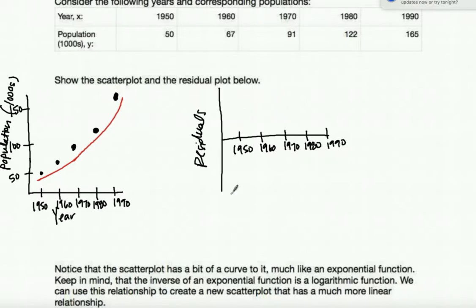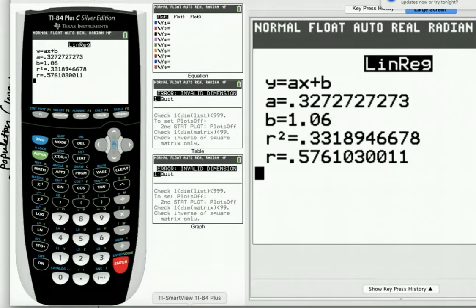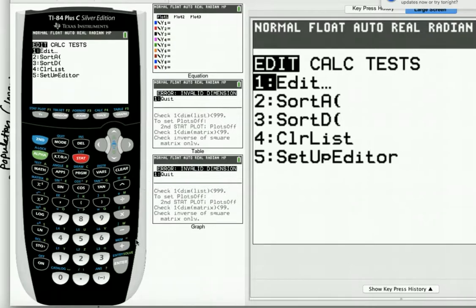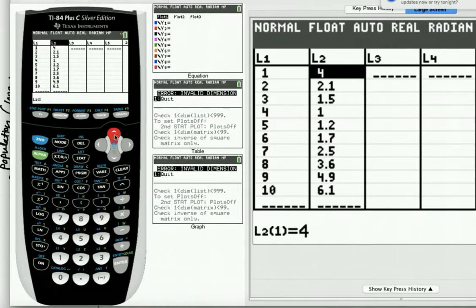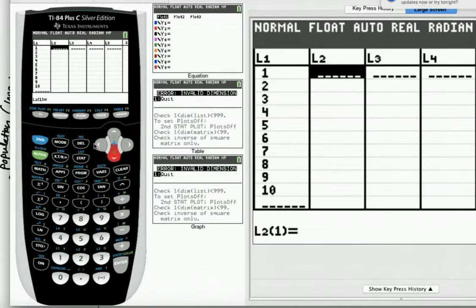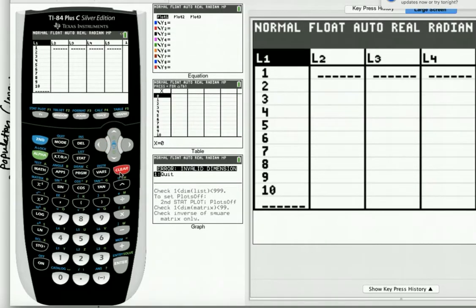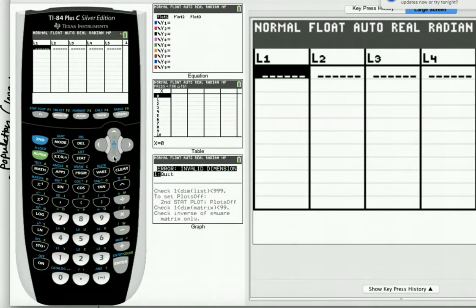If we were going to get our residual plot, we would need to first get our regression line. So we're going to go to Edit, clear out our L1 and L2, and put our information in there with our X values being our years.